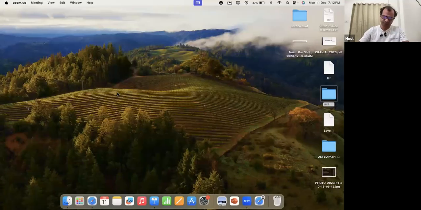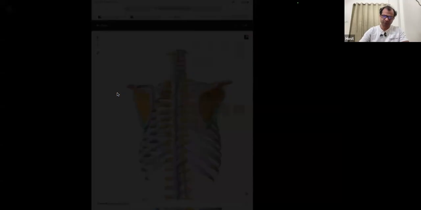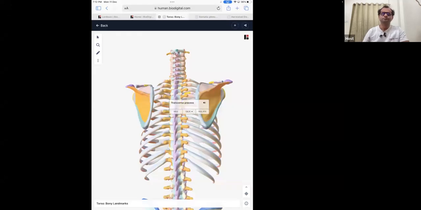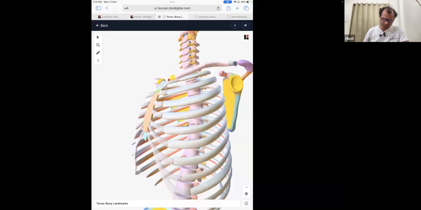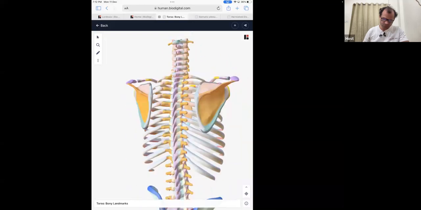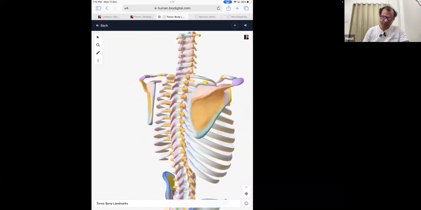Look at this image. In this image, we can see there are multiple vertebrae.